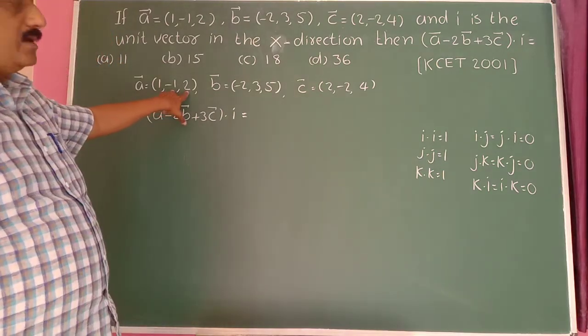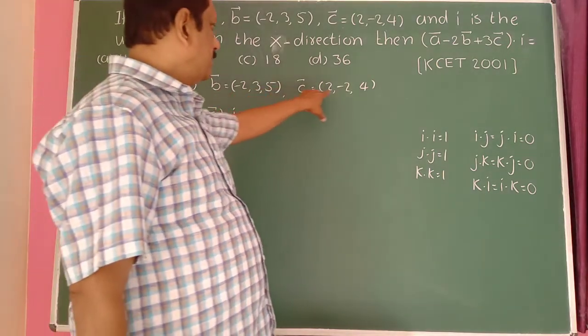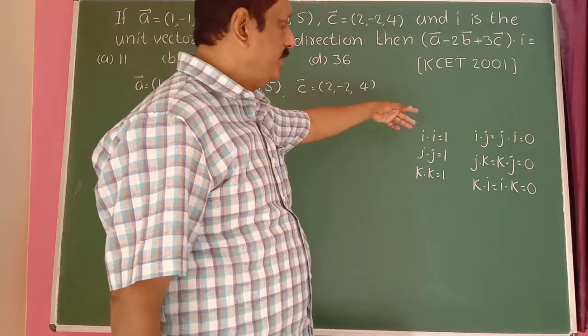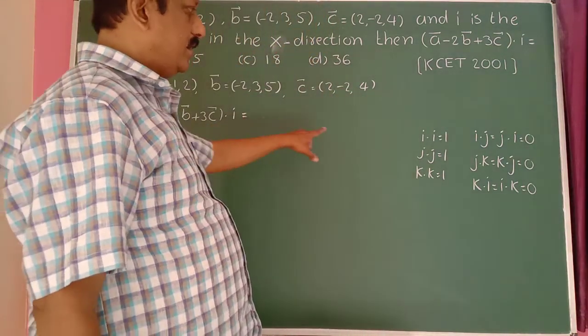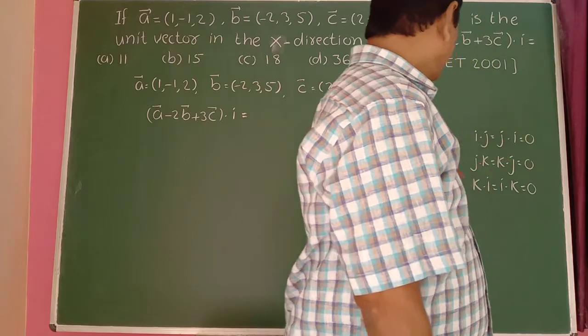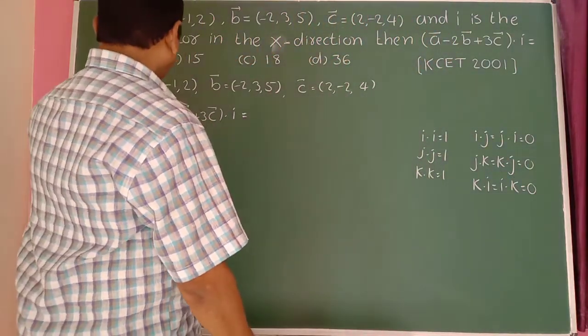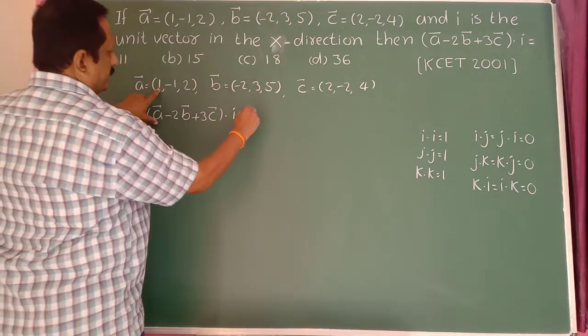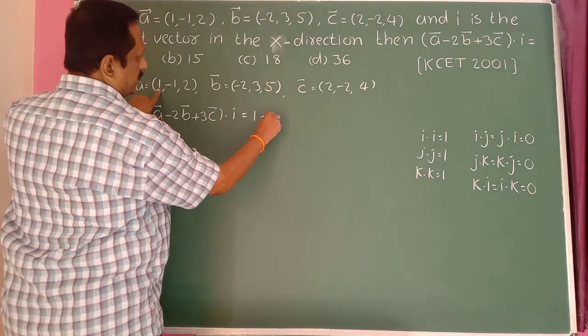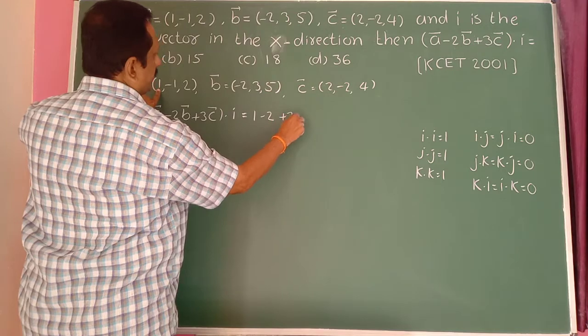If you take the y and z terms, these are coefficients of j and k, then obviously i dot j becomes 0 and i dot k is also 0. Therefore take only the i coefficient. So 1, then minus 2, then plus 2 here.